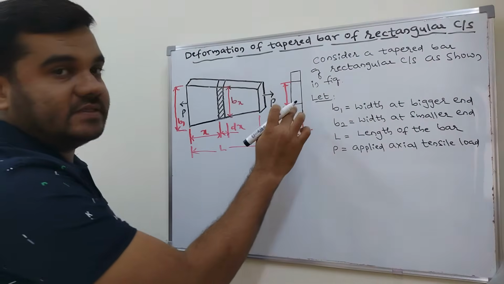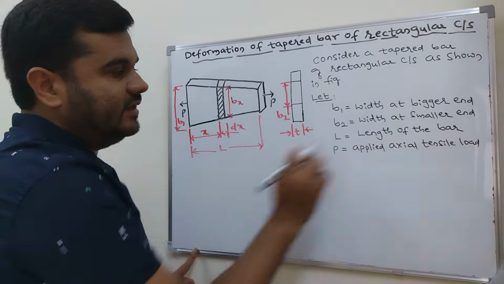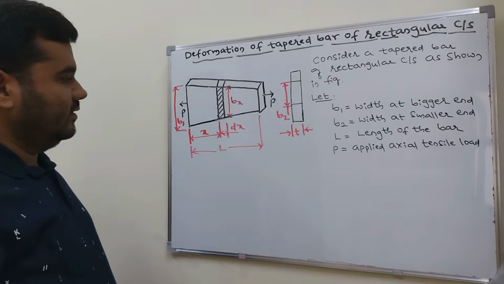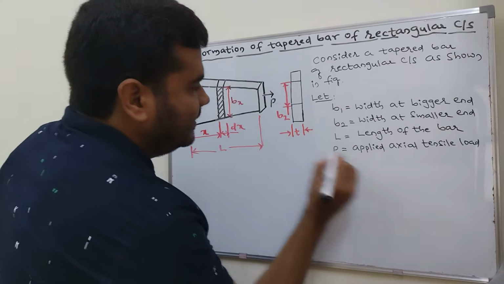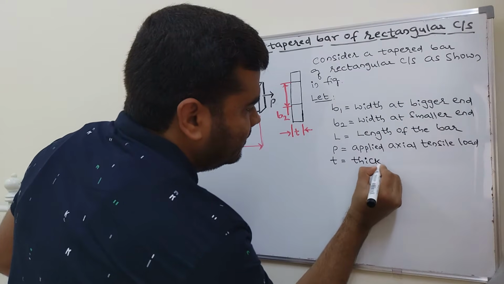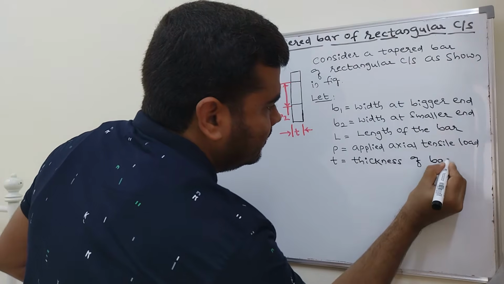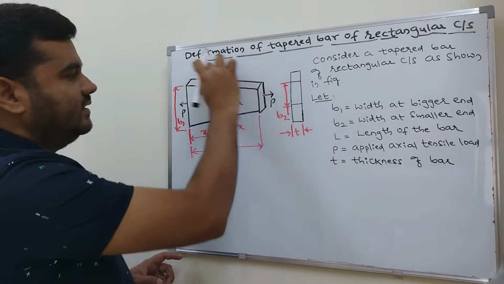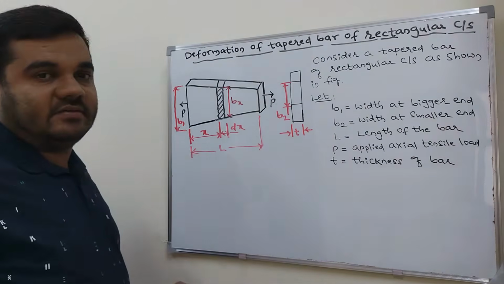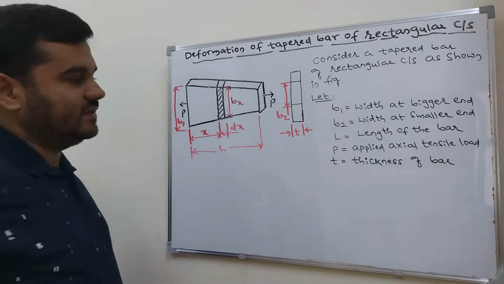Because it is along the axis, it is tensile. Nature is tensile, so it is called applied axial tensile load. Okay. And what is the T here? T is equal to thickness of the bar. It is constant, because here the T is constant. Only the width is varied here, that is, it goes on decreasing here.